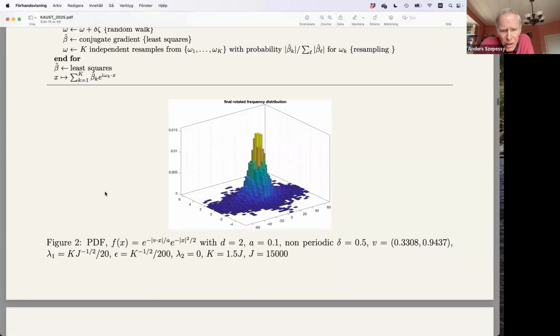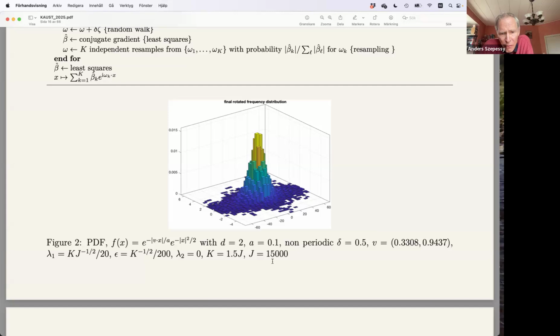So here is the result from a simple model problem. We have an exponential like this scaled with a, so what is important is the Fourier transform of this function. In one dimension, it is an exponential with a small parameter a here. And in the other, it is Gaussian, standard normal. We are now in dimension 2 to be able to plot here. And we have chosen some parameters of the penalty and so on.